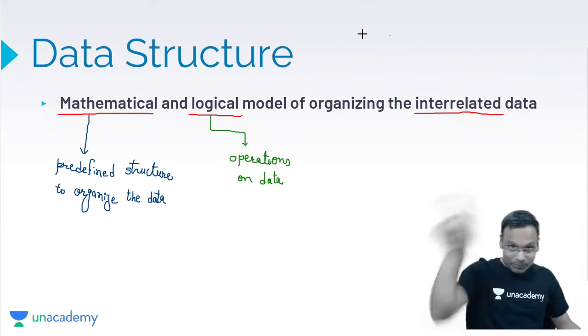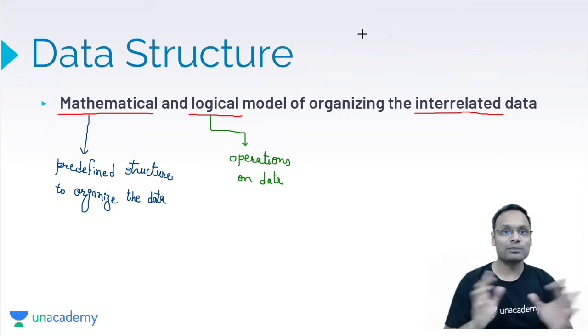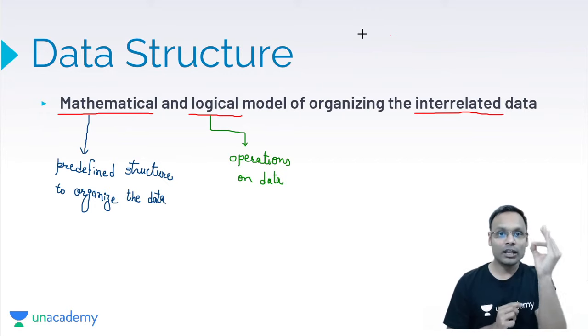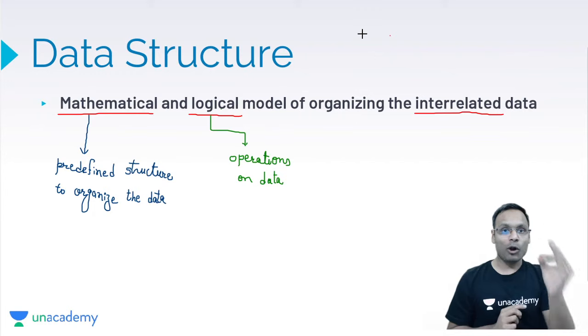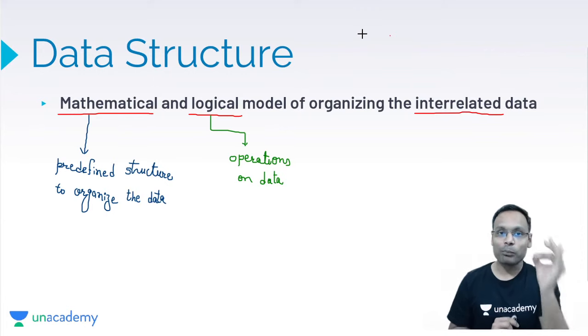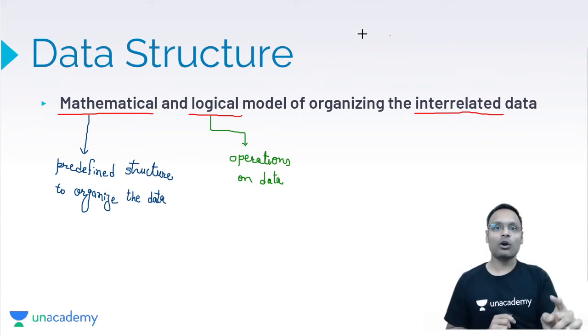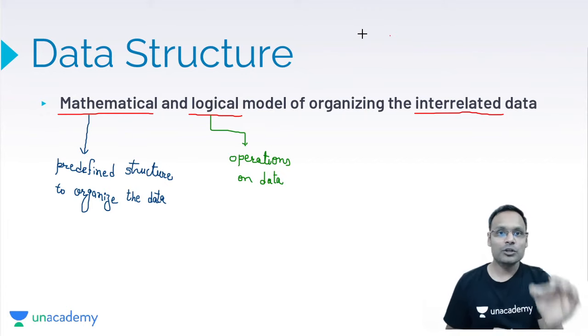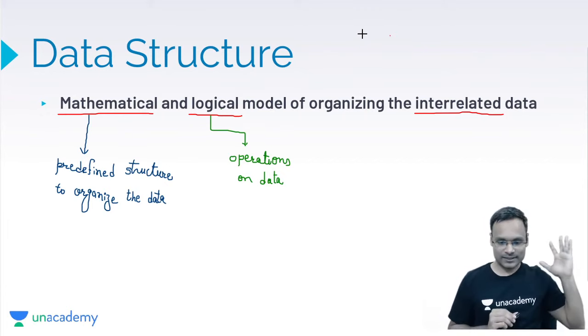I am summarizing this entire explanation: the data structure is specifically and properly selected so that a very specific kind of problem can be solved by writing the algorithm with minimum efforts, minimum complexities.